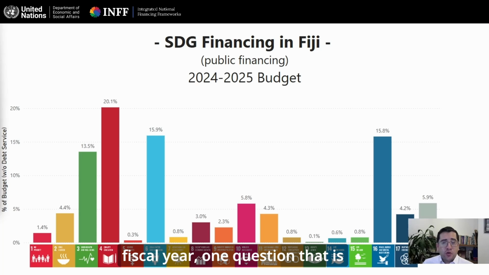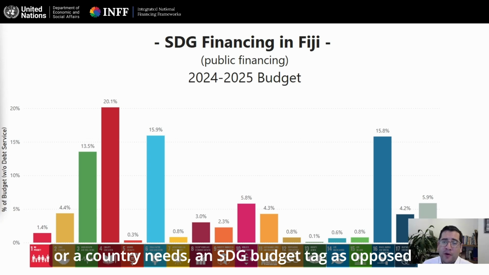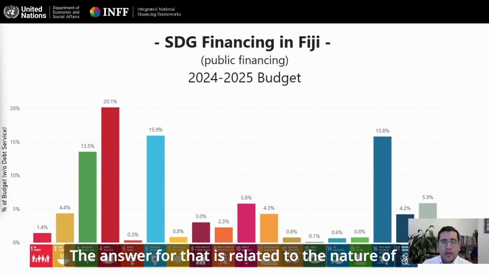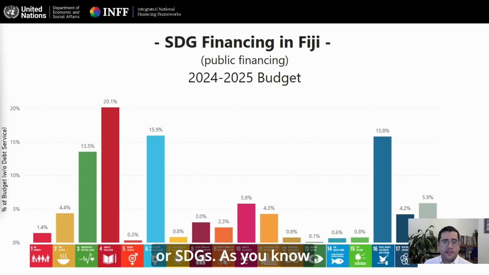One question that is usually natural at this point is to what extent a country needs an SDG budget tag as opposed to a gender or a climate tag. The answer is related to the nature of Sustainable Development Goals, or SDGs.